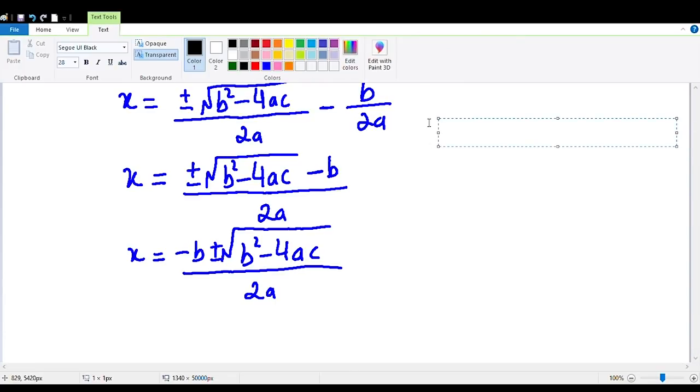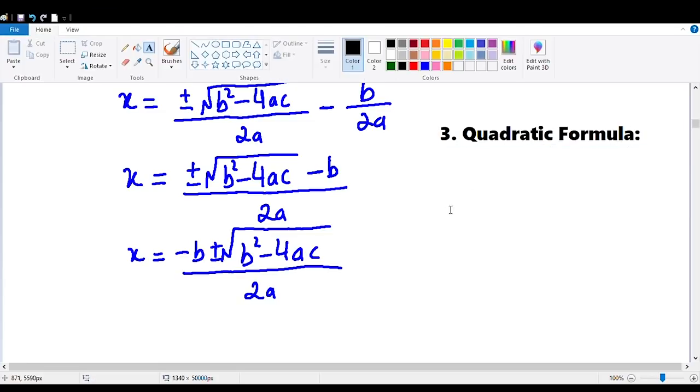Third method was the quadratic formula, which this obviously is, and the quadratic formula is basically a simplified version of the completing square method, in which you can just pop in the values and you'll get the value of x. It's just the coefficients you're using over here.